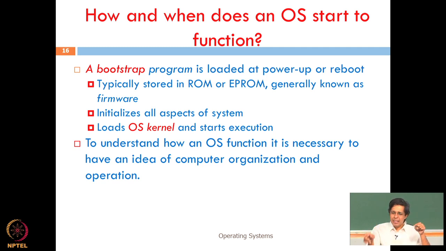Whatever is stored on the master boot record will start executing, and that will in turn load the OS kernel. This is how the kernel comes into existence. From the moment you switch on till you switch off, there will be one program always in the background, and that is the operating system.